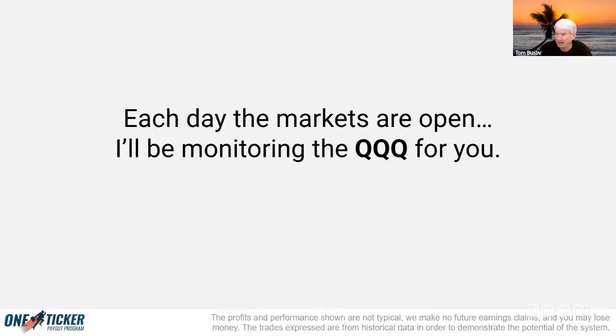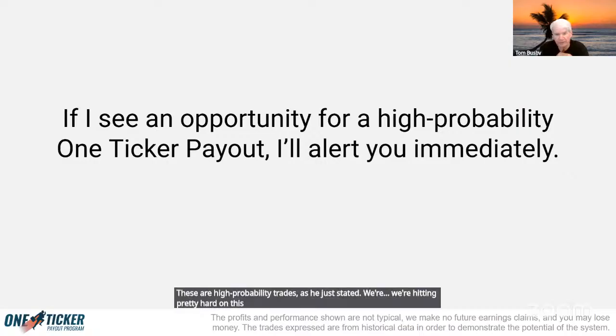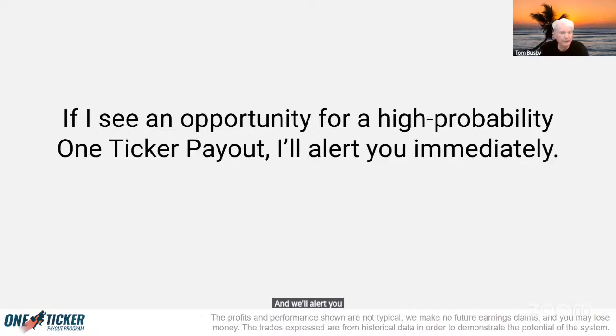We're going to knock it out. You know what I mean? Knock it out. These are high probability trades, as he just stated. We're hitting pretty high on this thing, and we'll alert you immediately when to get in, when to get out. Pretty simple, straightforward.